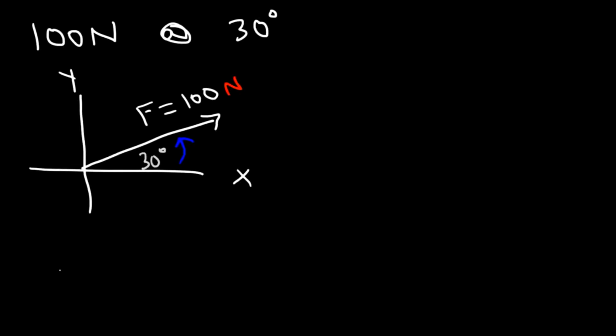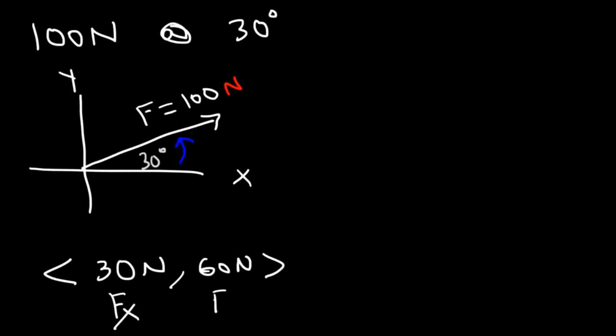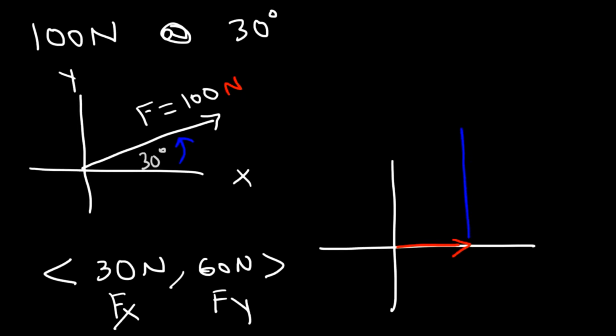So you could say its x component is 30 newtons and its y component is 60 newtons. So let's call this Fx and Fy. In the graph it looks like this. Let's say the red line is Fx, it's 30, and the blue line is Fy, which is 60.